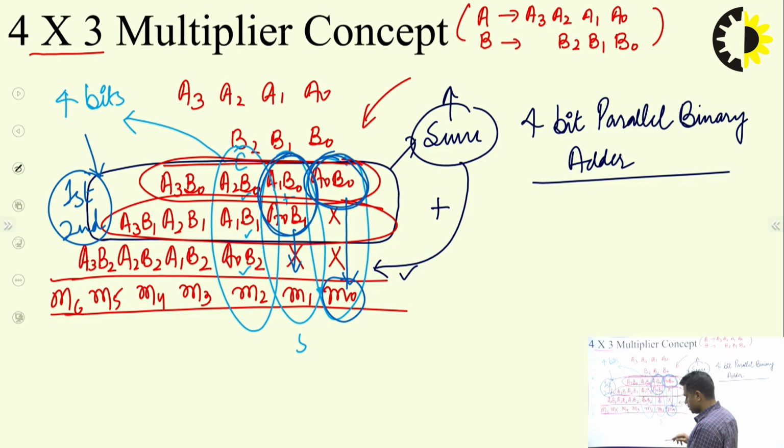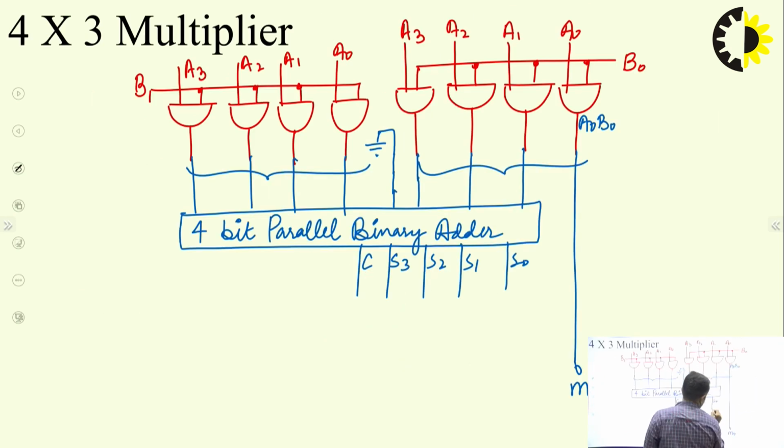So this S0 will not participate further and can be considered as M1. Now there is a 4-bit number here, which is the sum of the first 2 rows, and we will be adding this to the 3rd row.